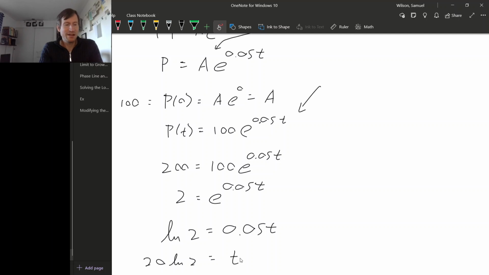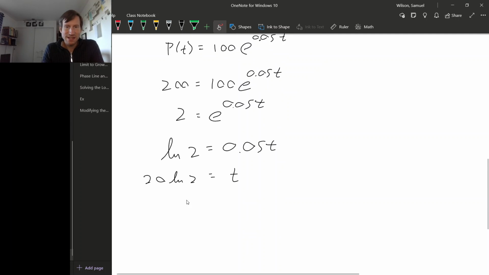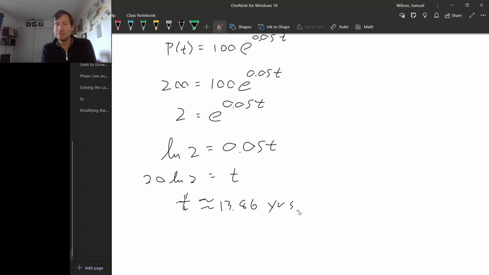Now we can get a decimal approximation: t is about 13.86, and this is in years since our population growth rate was in years to begin with. So this population is going to double in about 13.86 years.